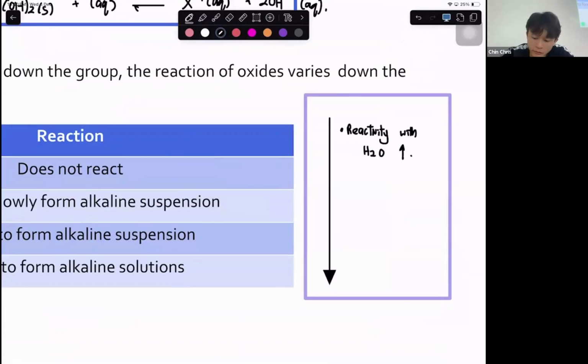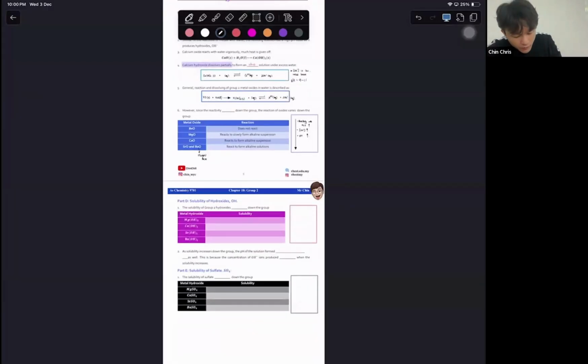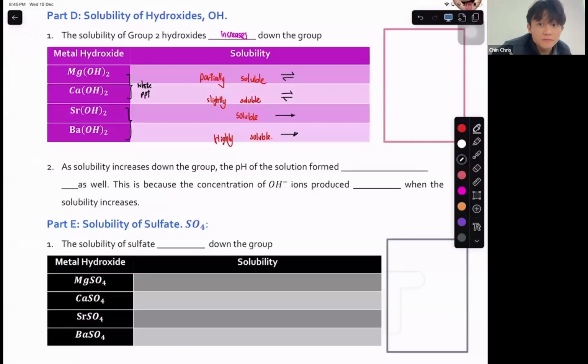Correct. Which means the concentration of OH minus increases as well, which means your pH is going to go up as well. That's it. Strontium and barium hydroxide will give a colorless solution. No color, yeah.